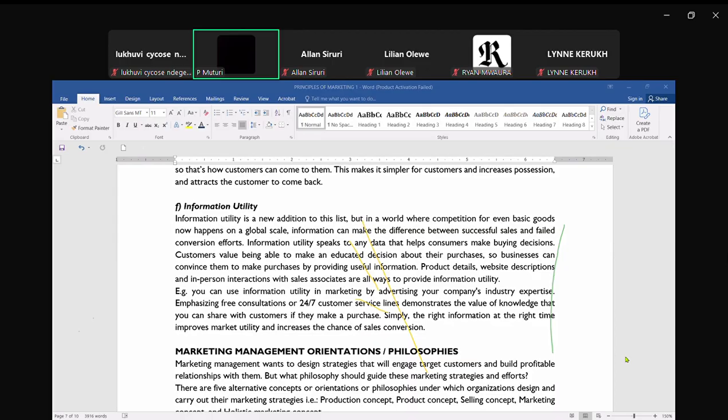When you're buying a laptop or a mobile phone, you need to know the features. So that is part of giving information utility. The company must tell you this particular gadget has this operating system. It has this strength of camera and video. It has this storage space. You're giving information that will help the customer make a more informed decision.